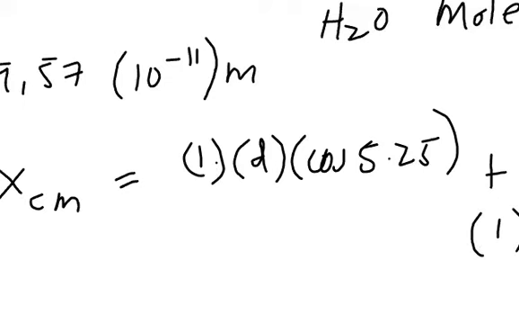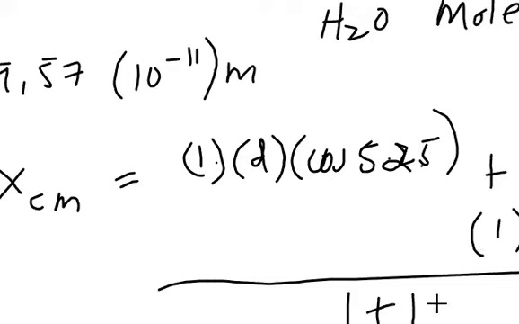So 1 times D times cos 52.5, and then that's all over 1 plus 1 plus 16 u. And that's going to be equal to 0.068 D. So X center of mass is 0.068 D. And then for the Y center of mass, it's just going to be zero because these guys are symmetric.